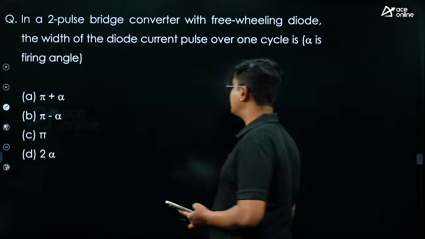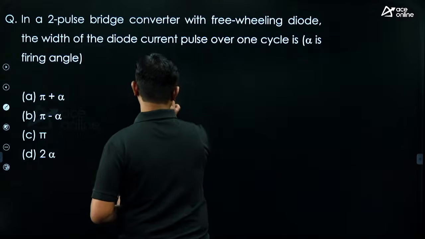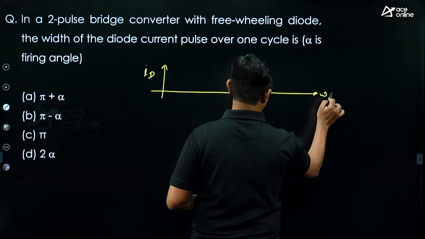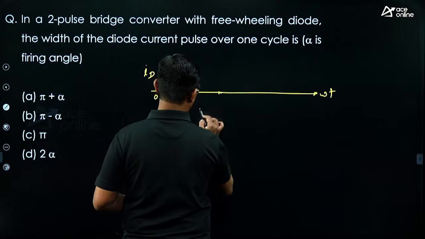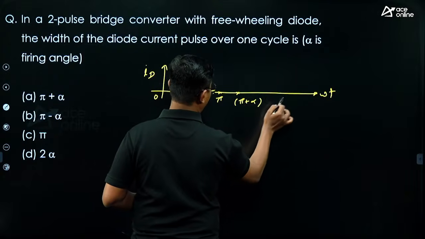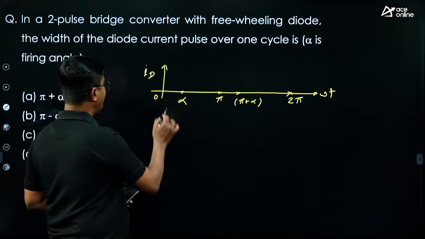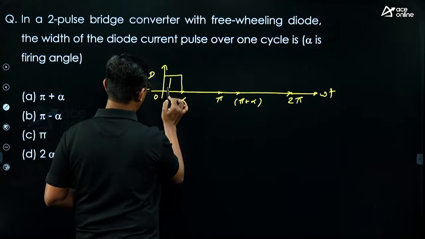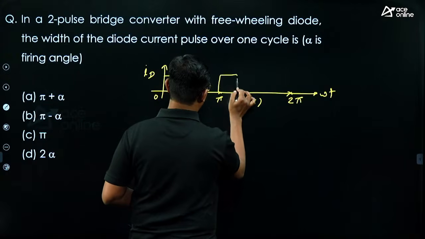If I draw the freewheeling diode current waveform, it is like this: 0 to alpha, and pi to pi plus alpha, out of one cycle of supply which is 2 pi. So in 0 to 2 pi, my freewheeling diode conducts during 0 to alpha and pi to pi plus alpha.